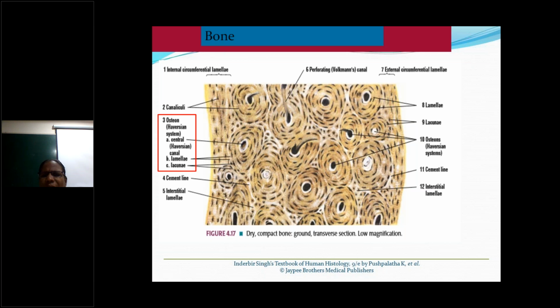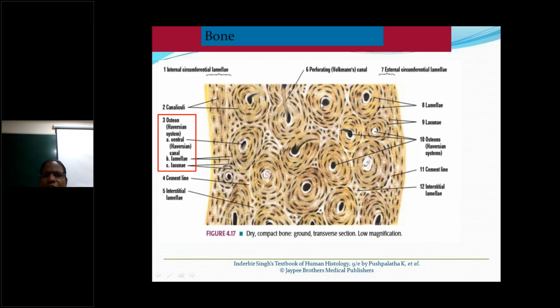One osteon or Haversian system contains the Haversian canal in the center. The black shaded part we call the Haversian canal. The Haversian canal contains arteries, veins and nerve fibers. Surrounding the Haversian canal, bone matrix is present in the form of concentric rings or concentric plates.